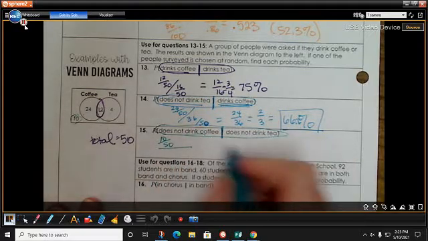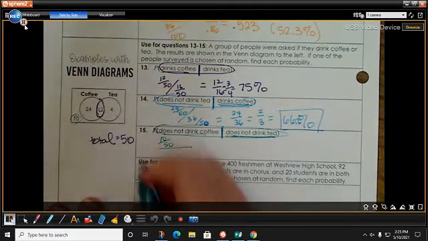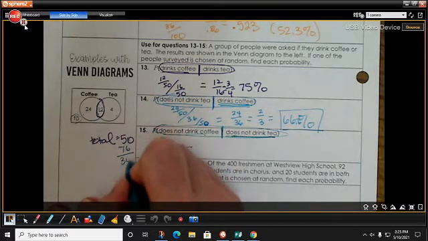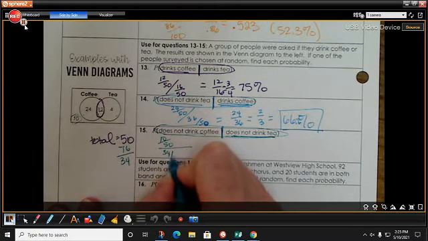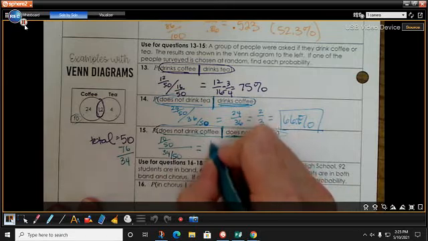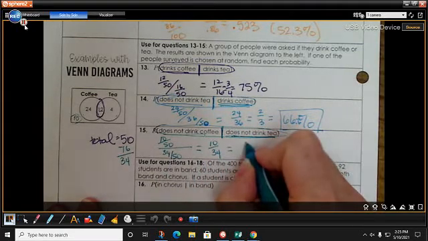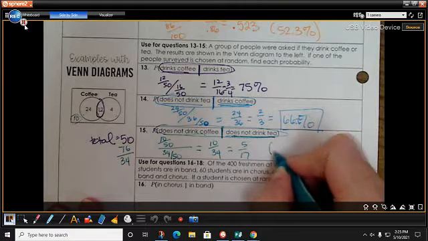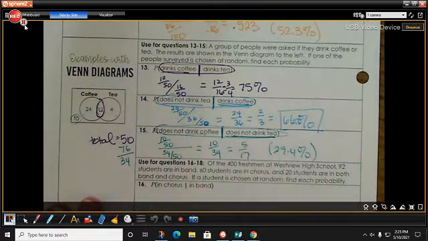And then I'm going to say, okay, given that I don't drink tea, well, I know that 16 people do drink tea, so that's going to give me 34 people who don't. So I'm going to have 34 out of the 50 who don't. And so when I put that together, that's 10 out of 34, which is going to simplify down to 5/17, and that's about 29.4% that don't drink coffee if you already know that they don't drink tea.